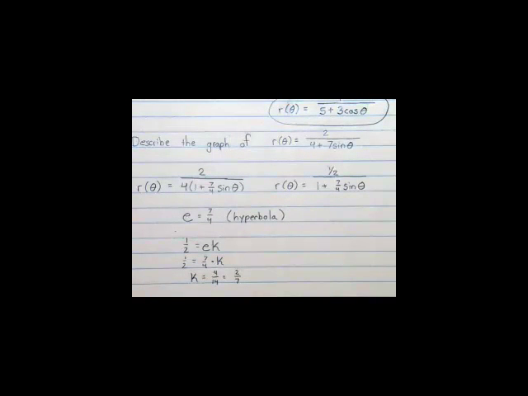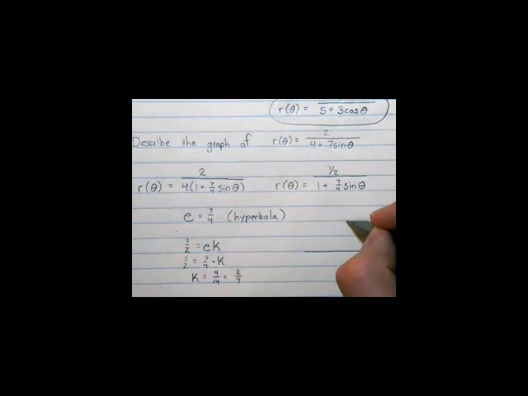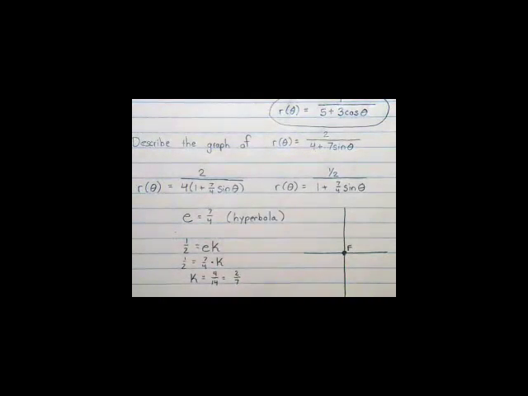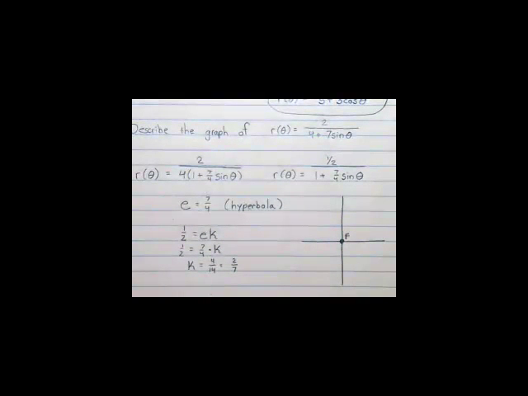So, once we got the K, we got the E, we know it's a hyperbola, can look at the equation and get the orientation. Just sketch a little graph of this thing. So, which way does this thing open around that focus?